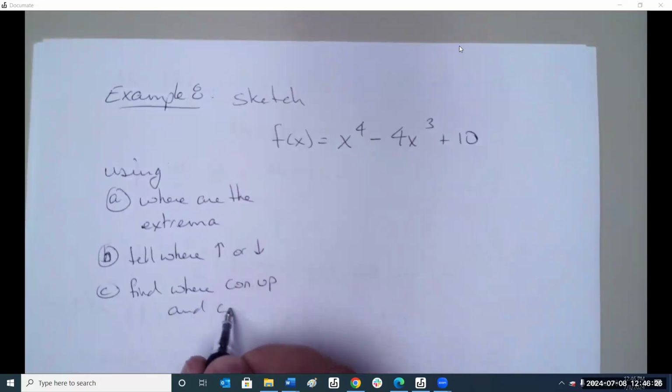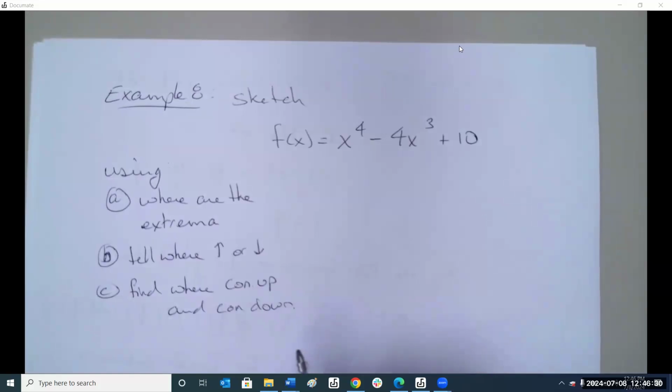Find where it's concave up and concave down. Sketch the general shape. Plot points.